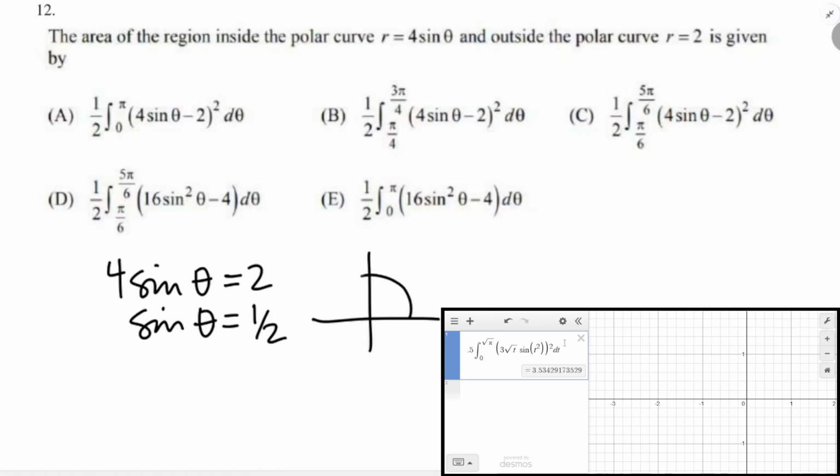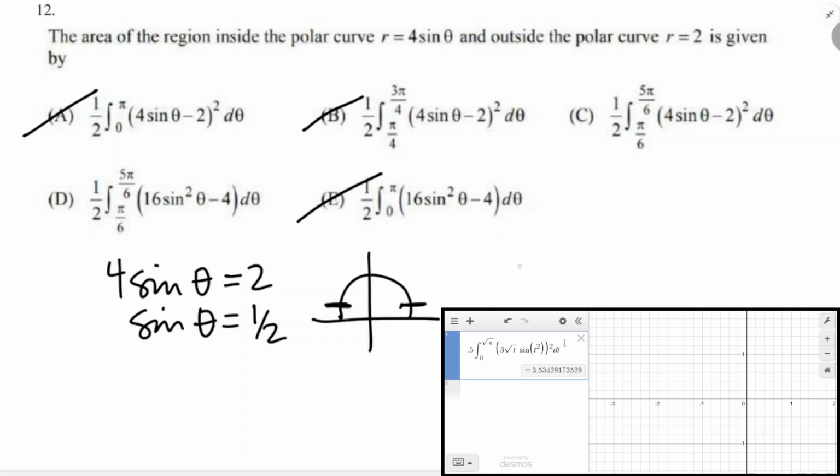Okay, so sine theta equals 1/2. I don't even really need to worry about the lower half of the unit circle. 1/2 is pretty low down. It's less than halfway, angle-wise. And so that's going to be pi over 6 and 5 pi over 6. That is definitely helping me eliminate answer choices. And then it's going to be inside of 4 sine theta.